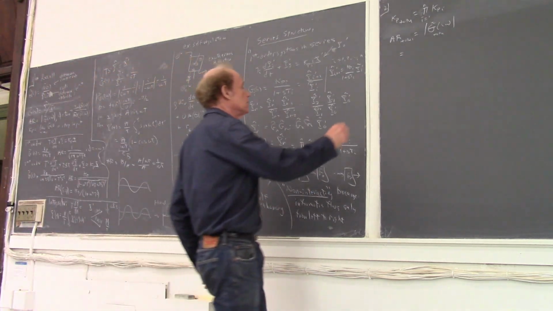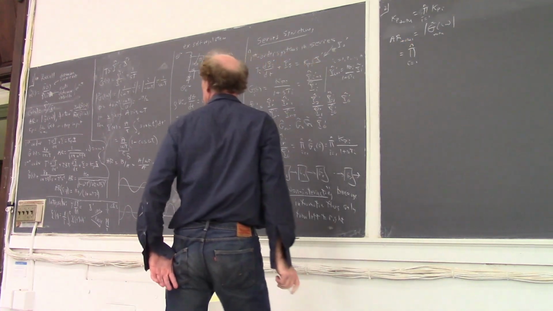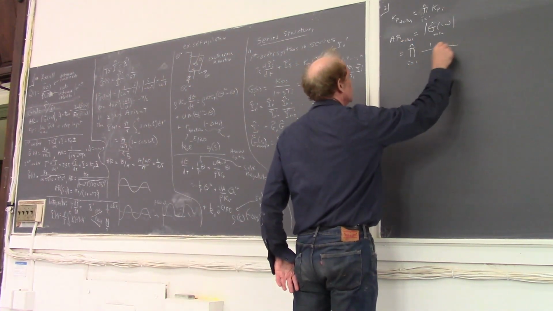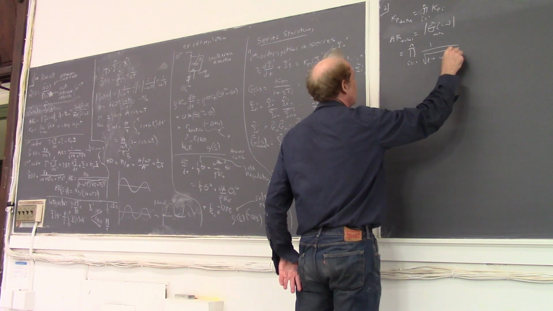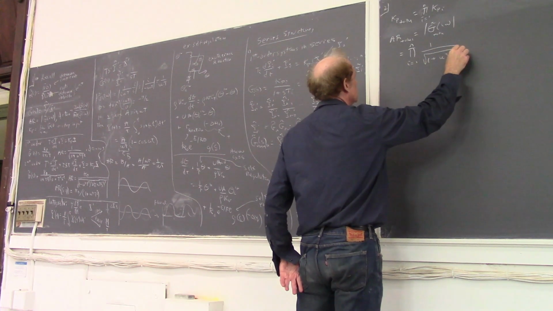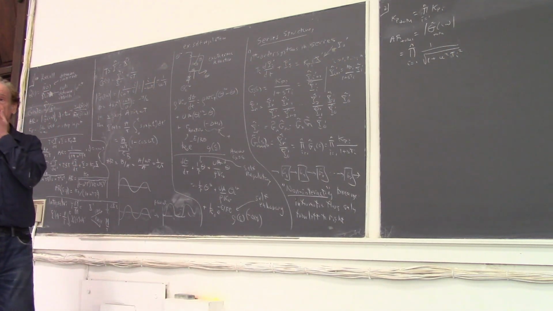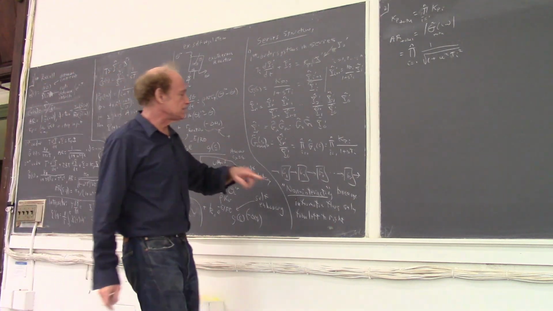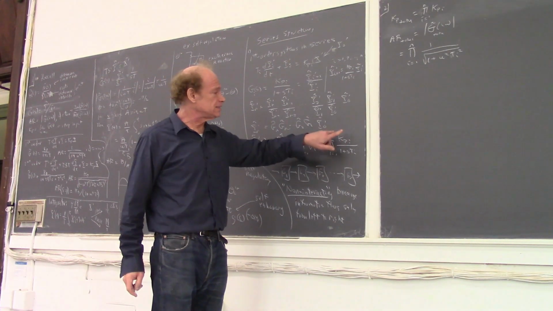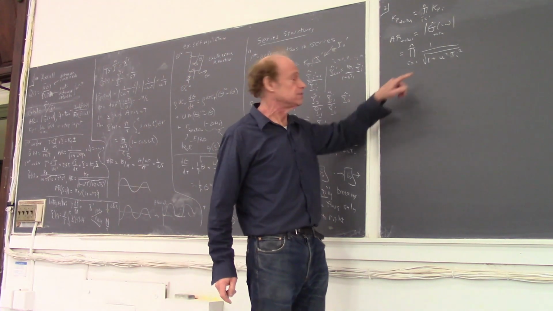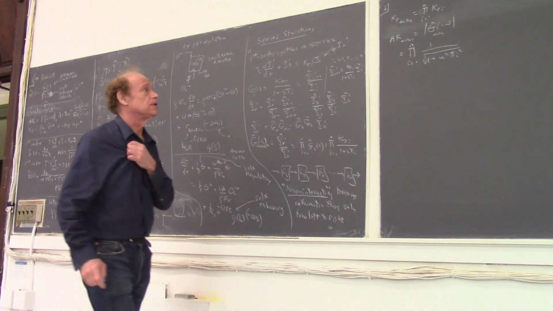So I've got the product, i equals 1 to n, of 1 over the square root of 1 plus ω squared τi squared. Just the product of those. Because each one of these, when I plug in s as iω and take the magnitude, gives me one of these. And I just take the product of them to get the whole thing.